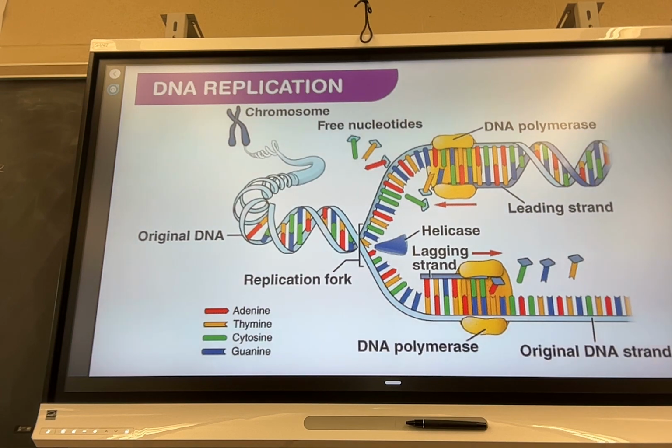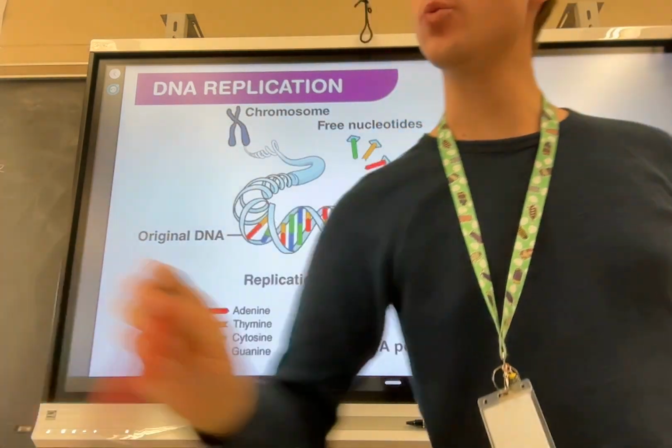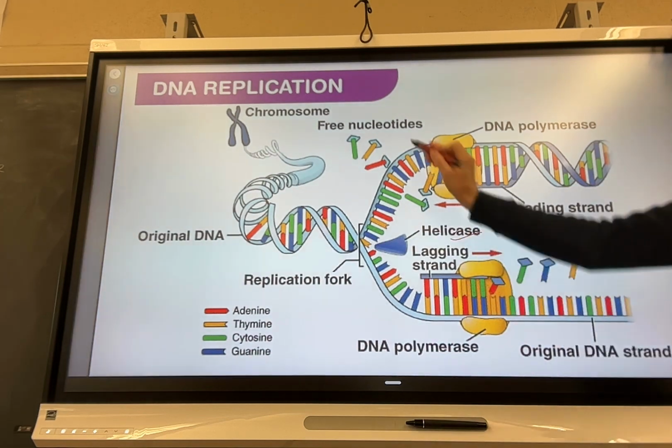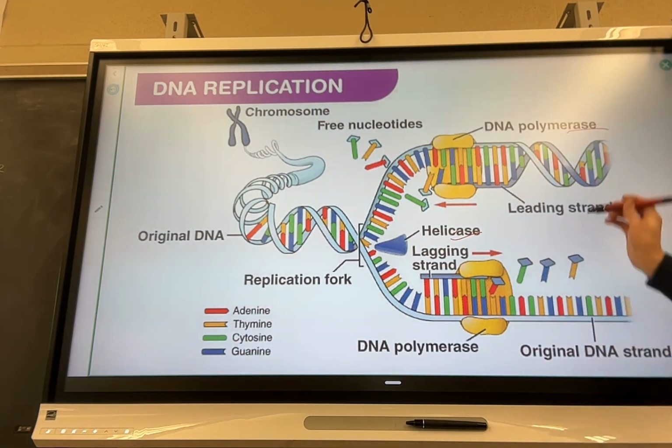So the first thing that we are going to have to do is split it open. So we're going to use an enzyme called helicase. One thing you'll notice with all of these, helicase, polymerase, ligase isn't on here: if you see an ase at the end of a word, it's probably going to be an enzyme.